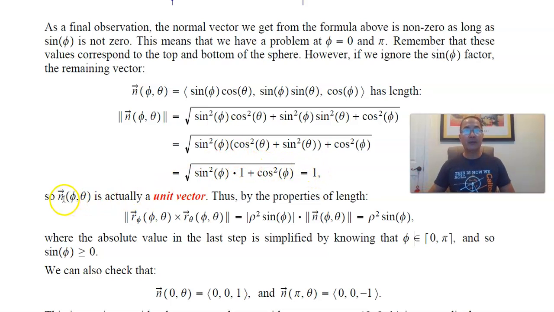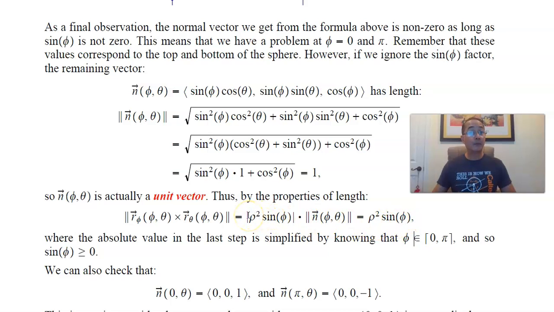This will be our notation in the fourth section for the unit normal vector to the surface at a point. So this portion of that cross product is already a unit vector, which means that the length of the cross product is rho squared sine phi.